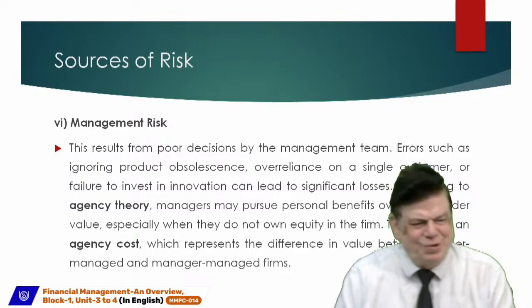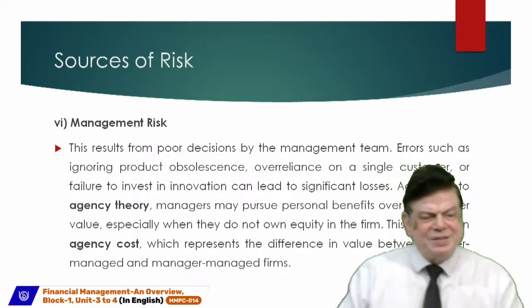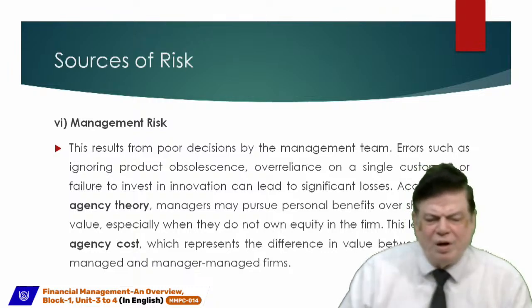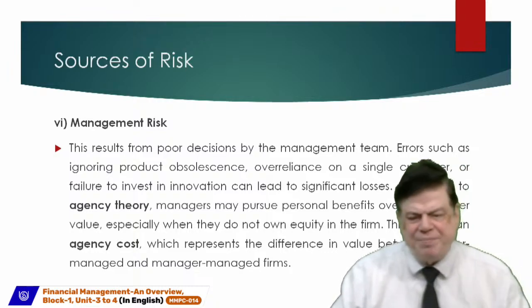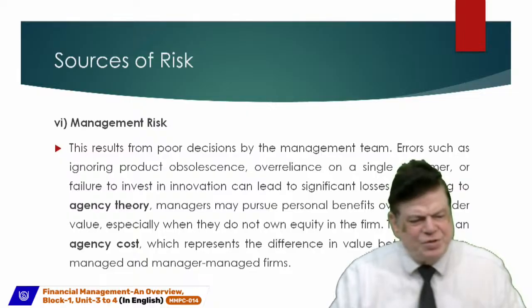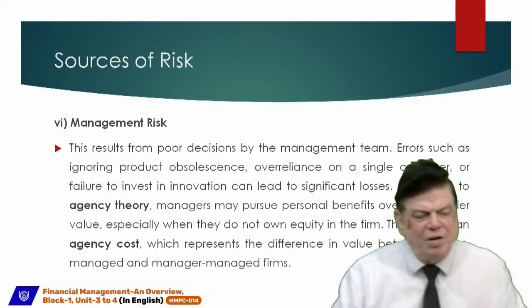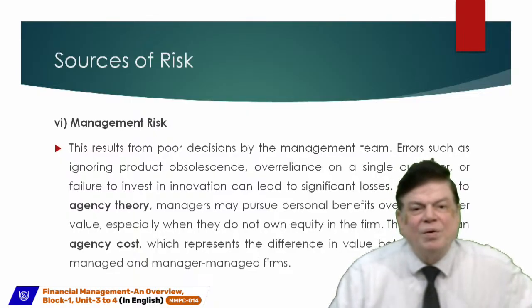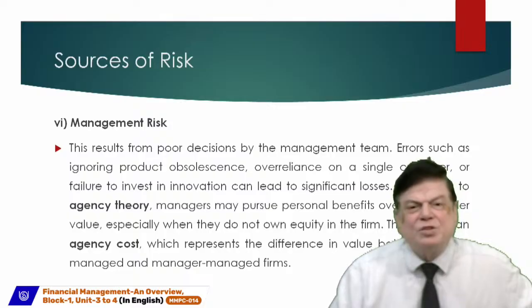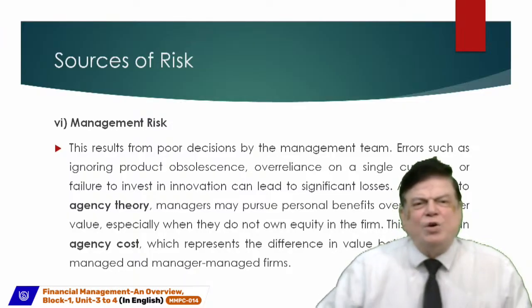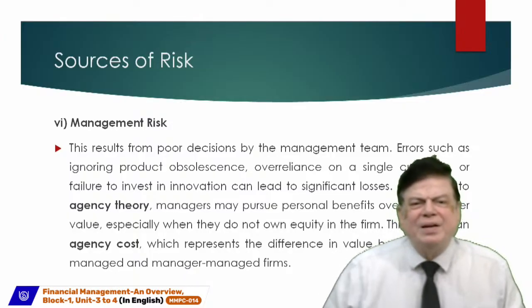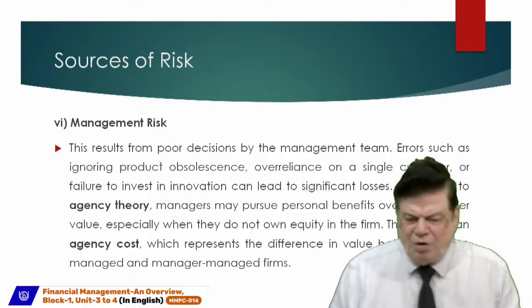So management risk results from poor decisions by the management team. Errors such as ignoring product obsolescence, over-reliance on a single customer, or failure to invest in innovation can lead to significant losses.